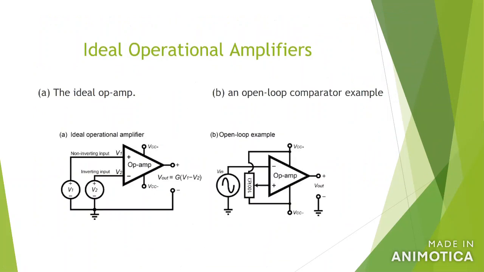This is the last component that we want to introduce. It's called an operational amplifier. An operational amplifier is a kind of amplifier. It can enlarge the input signal. So if you have a very small input signal, the output will be very large. That's what we call an amplifier.